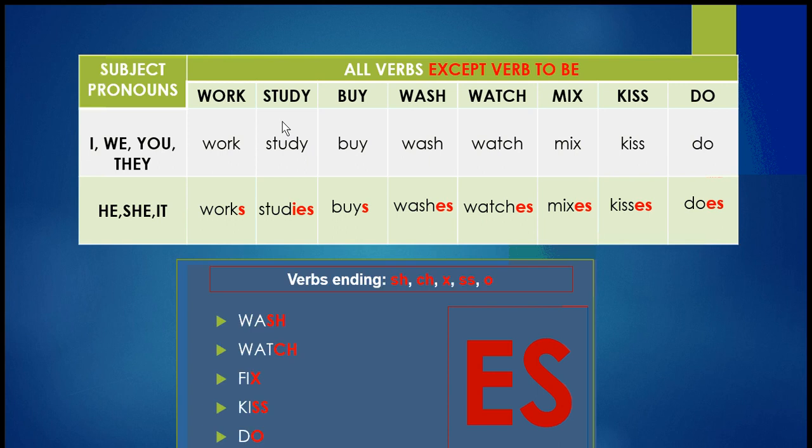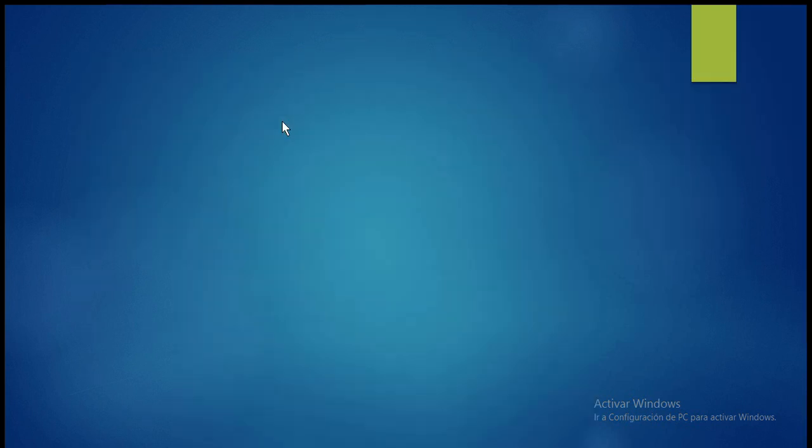So for those verbs ending in SH, CH, X, SS, or an O, we add ES. This is the spelling for all the verbs except verb to be, third person singular for he, she, and it.